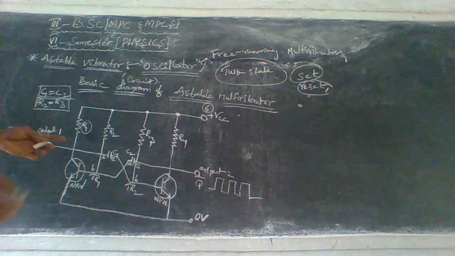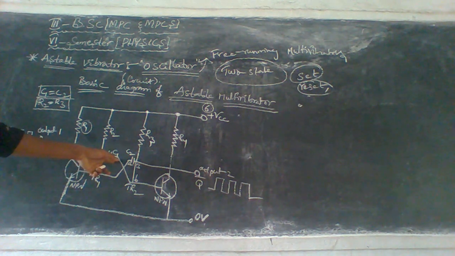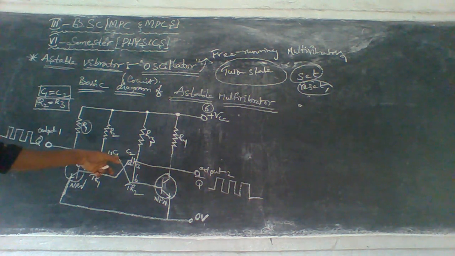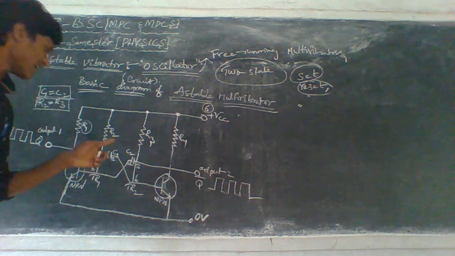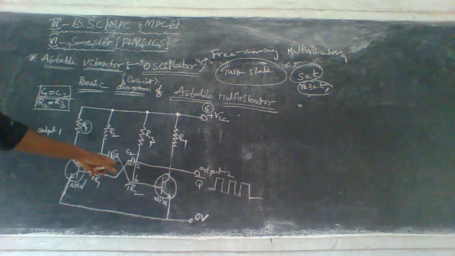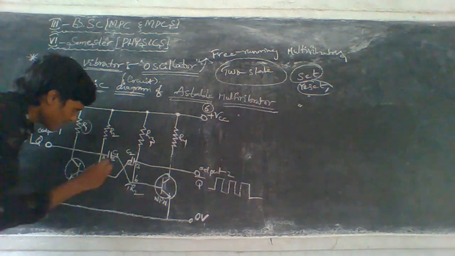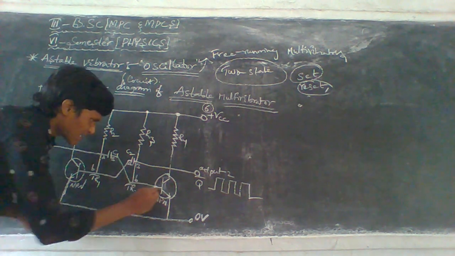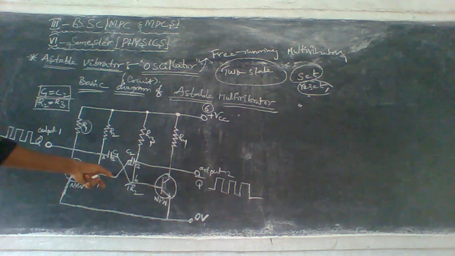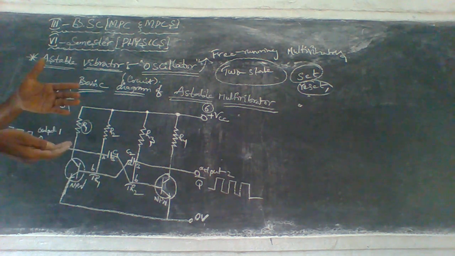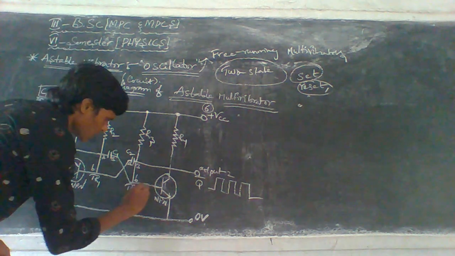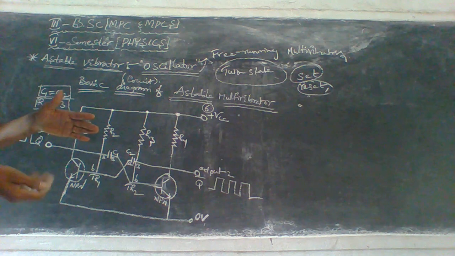The other side of capacitor C1, plate B, is connected to the base terminal of NPN transistor TR2 at 0.6 volts, because TR2 is conducting in saturation.